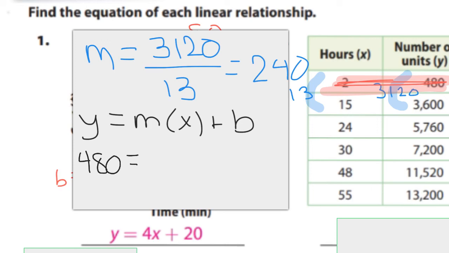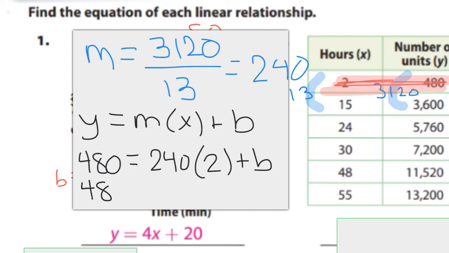That's my y value. My slope is 240. I found that finding my m. My x is 2 plus b. So as a reminder, here's your x value. Here's your y value. And your slope, m, was 240. So multiply 240 times 2. So that'll give you 480.